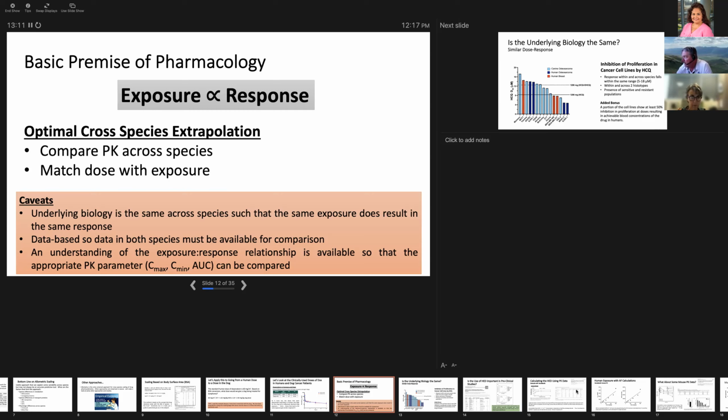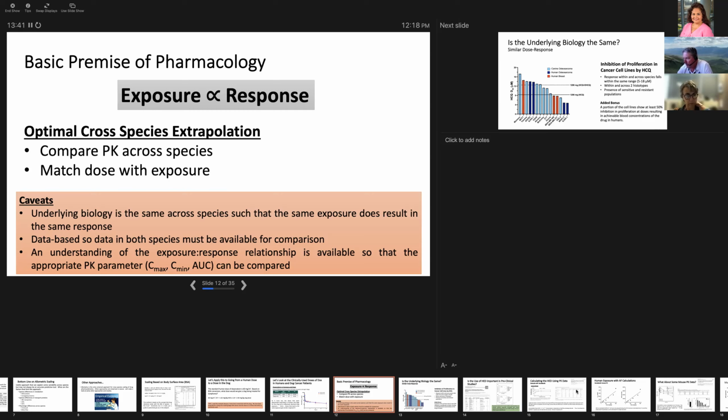A lot of the PK-PD relationships that we've worked out over the years and rely on come from antibiotics. And in that case, the PK is the important part because the target is the same in all species. It's the bacteria. So their response is going to be the same regardless of what species they're in, based on exposure. So in that case, the underlying biology will be the same, but we have to just make sure that the underlying biology is the same.